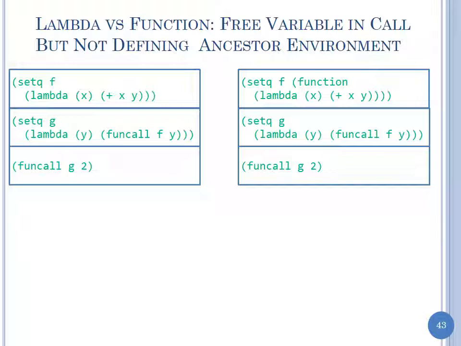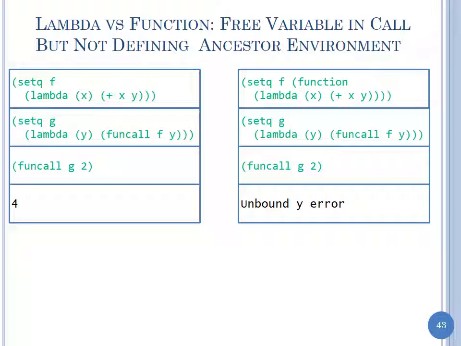So what's going to happen when we evaluate func call G2? We're going to evaluate F. F is going to create a new child, which is a new child in the defining environment, not in the calling environment. And does the defining environment have Y? Okay.